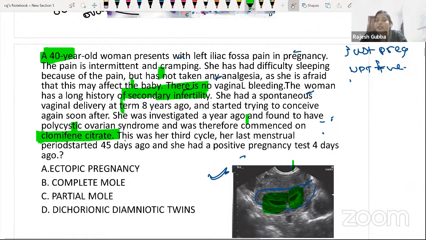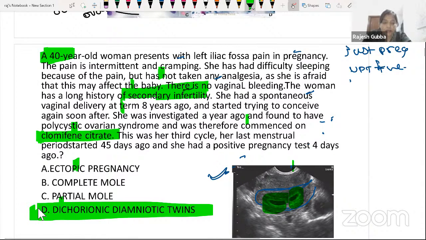That points towards your image more clearly that we are dealing with, very good, two sacs, this is nothing but dichorionic diamniotic twins. This is nothing but dichorionic diamniotic twins, right?